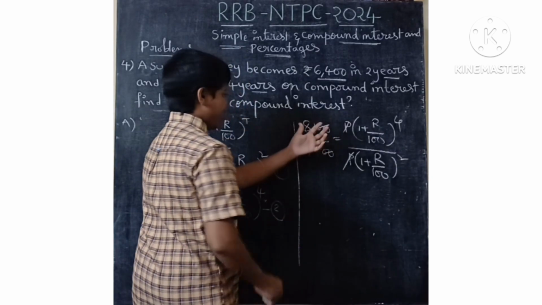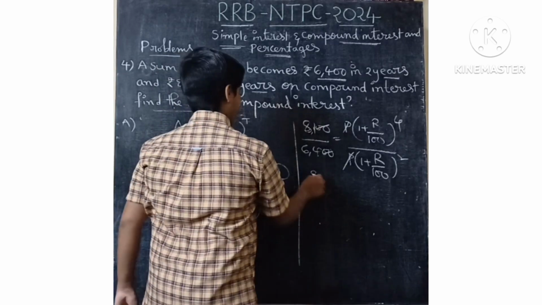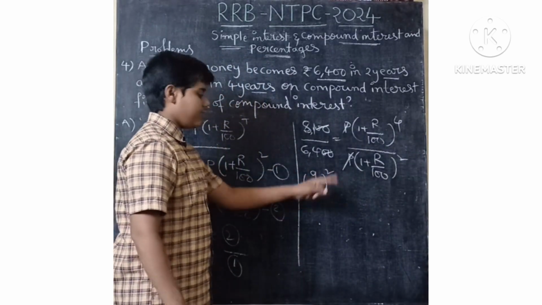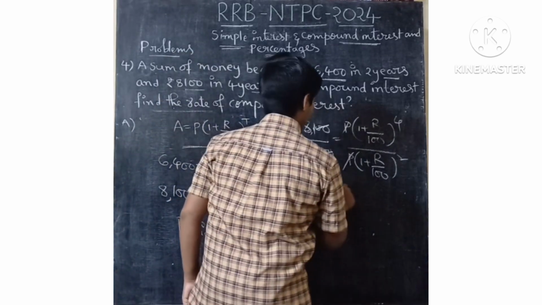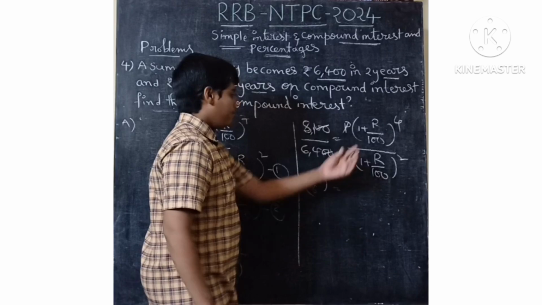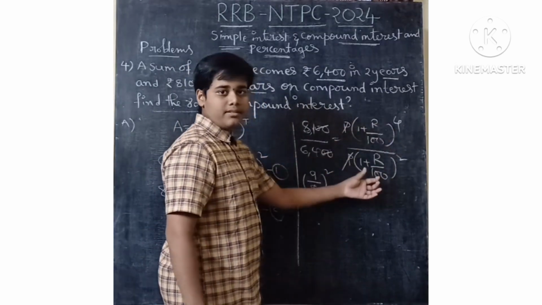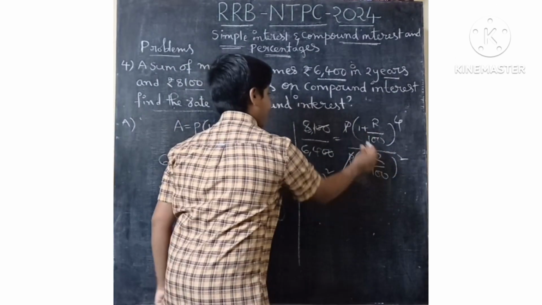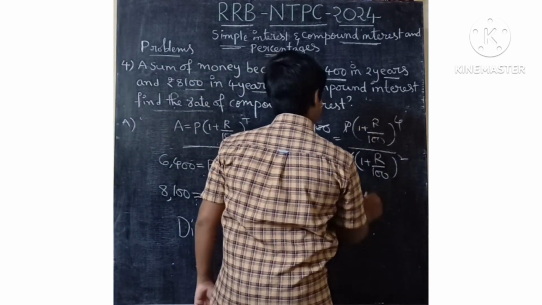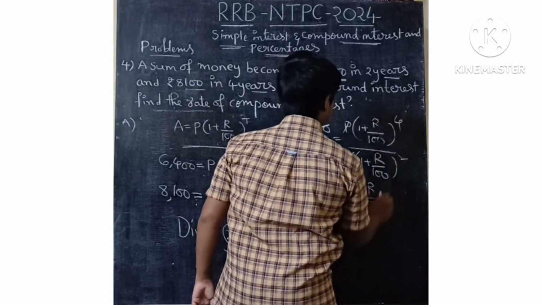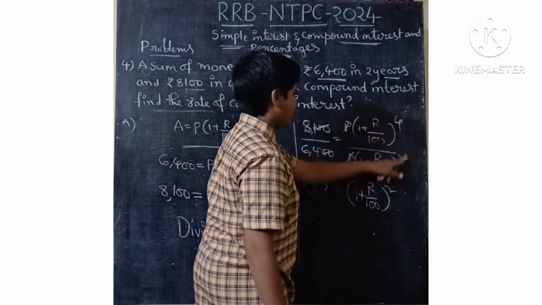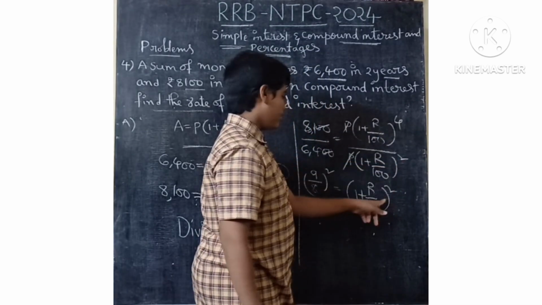This can be written as 81 by 64, which is (9/8) whole square, because 9 square is 81 and 8 square is 64. This equals (1 + R/100) whole power 4 minus 2. Since these are the same bases, and the exponents are dividing, the powers should be subtracted, so 4 minus 2 is 2.